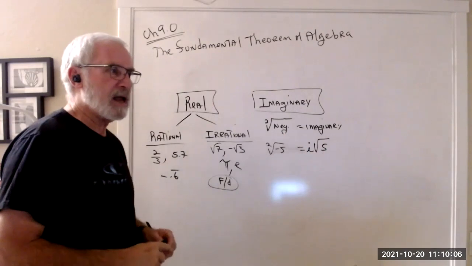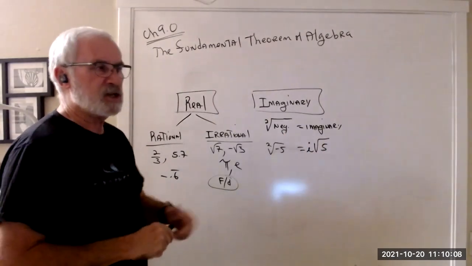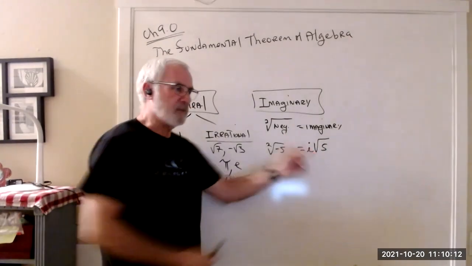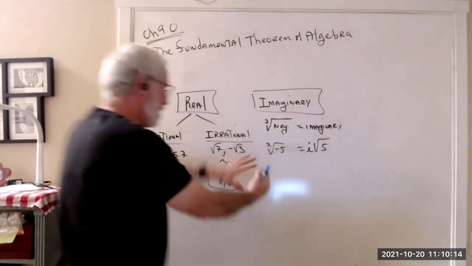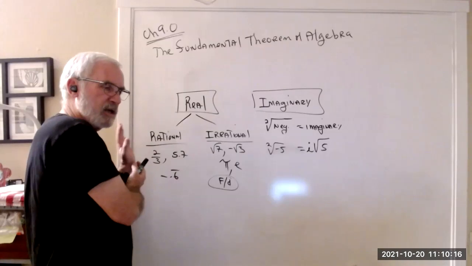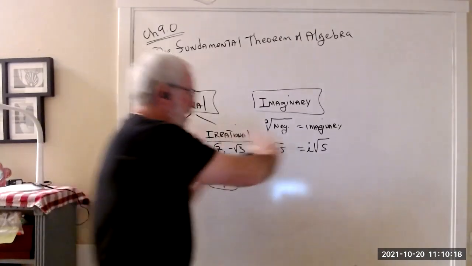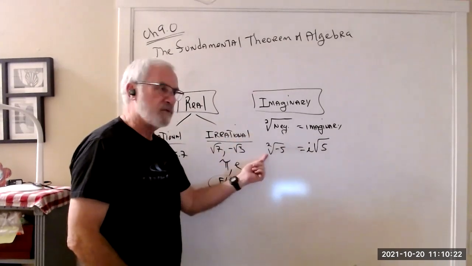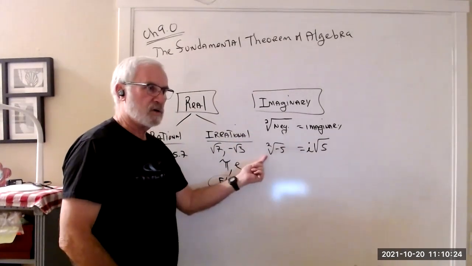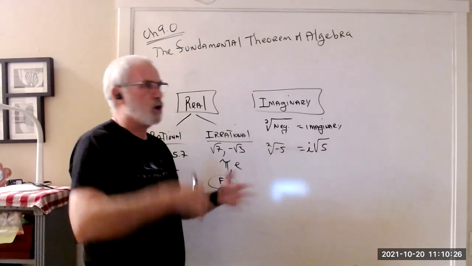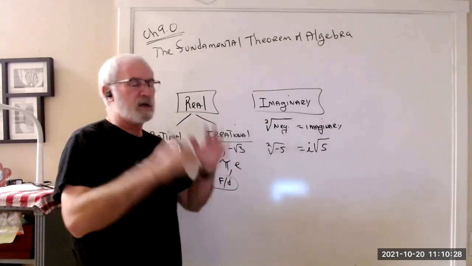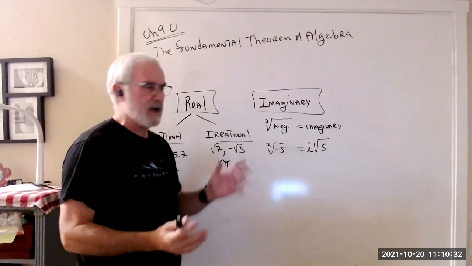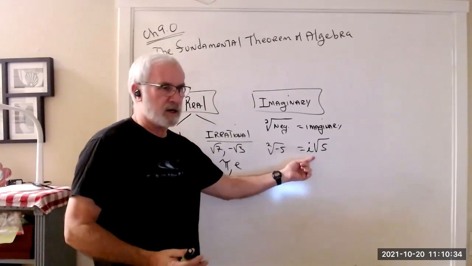But that i there is a designation that it's an imaginary number. It belongs in this category, not in this category. It's not a real number, it's in the imaginaries. Before this, we said you can't take the square root of a negative. Now we're saying you can. In fact, you must, and you must call it an i.